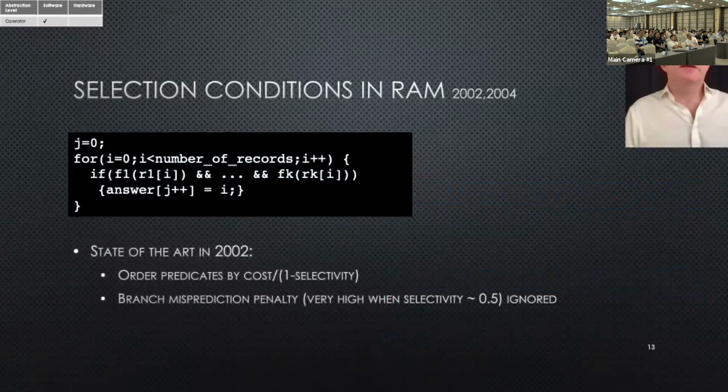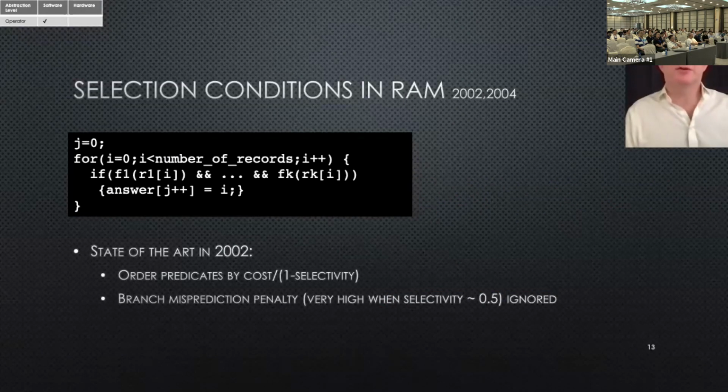The next topic I'd like to discuss is selection conditions in RAM. So here is a code fragment that is trying to iterate through a bunch of records and check conditions on those records.